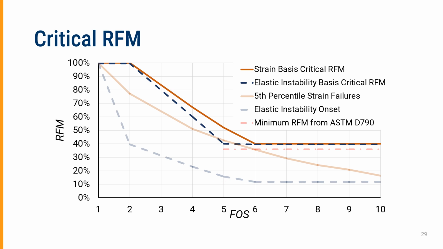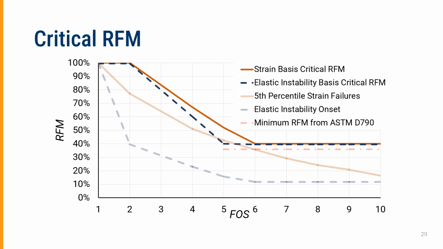And the other thing is, realistically, the nominal factor of safety that would be used for design is a minimum of 5 for elastic instability applications, and 6 for tensile. There are a couple of codes that very specifically use 6 as the starting point factor of safety, and many use 5 as the starting point factor of safety for elastic instability onset.